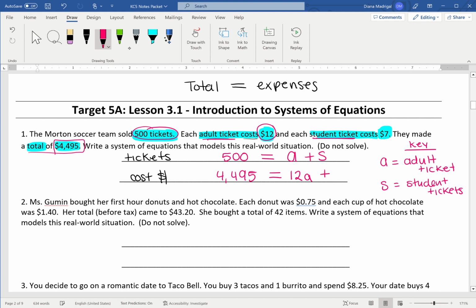And I'm selling student tickets for $7, so 7S. Okay? And we are done. Those are my two equations in the system. They're both using the letters A and S. And that's it. We're not solving anything right now. We're just writing them.